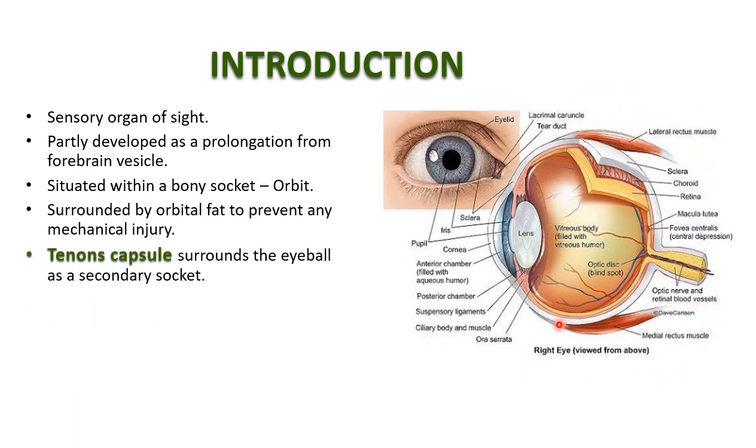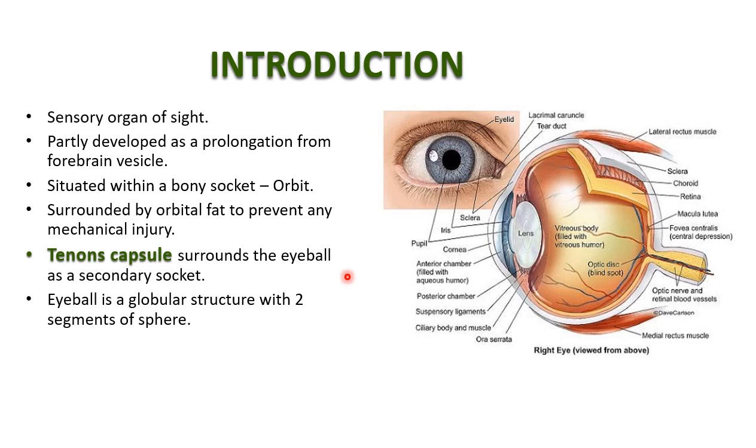The eyeball is surrounded by a capsule called the Tenon's capsule. This Tenon's capsule separates the eyeball from the fat surrounding it, and the other name for it is the fascia bulbi.